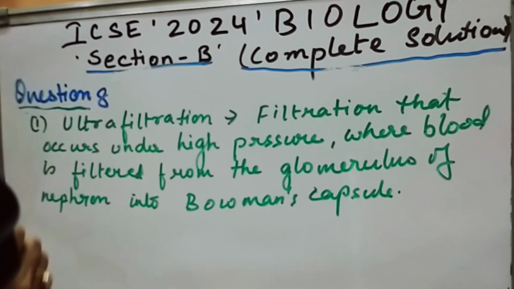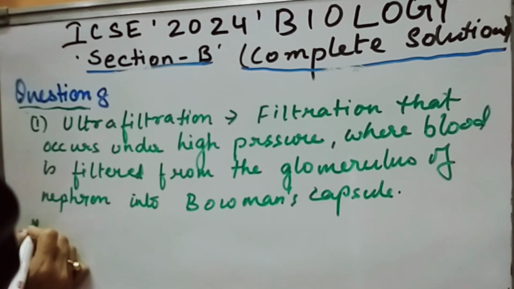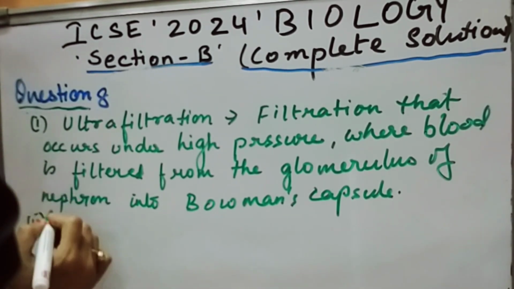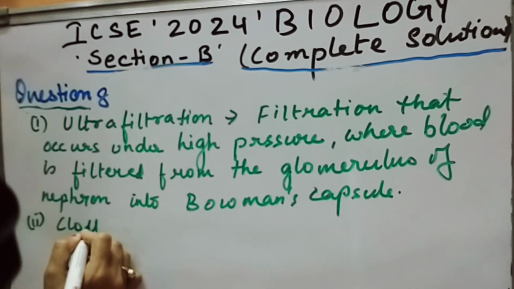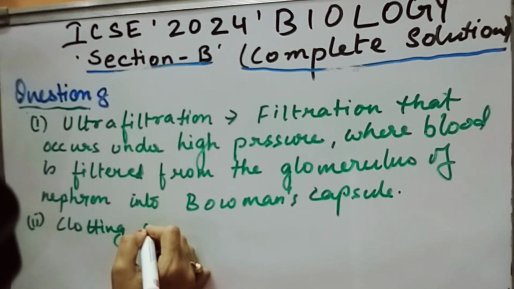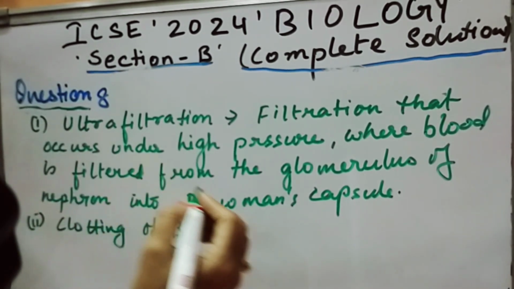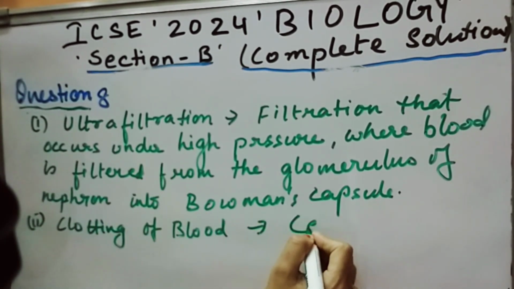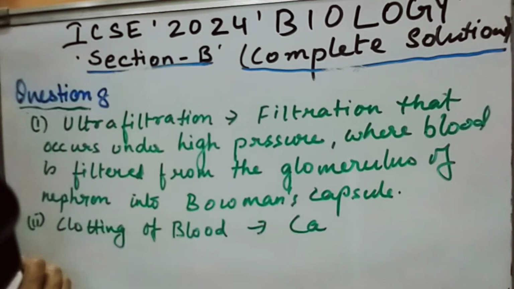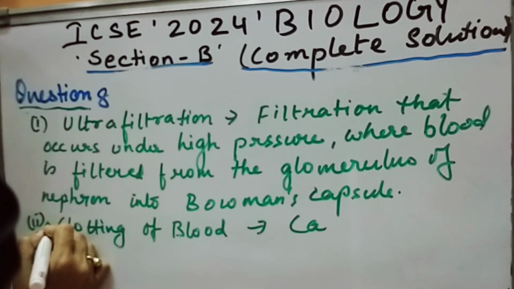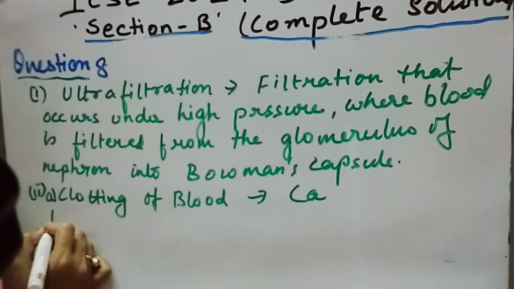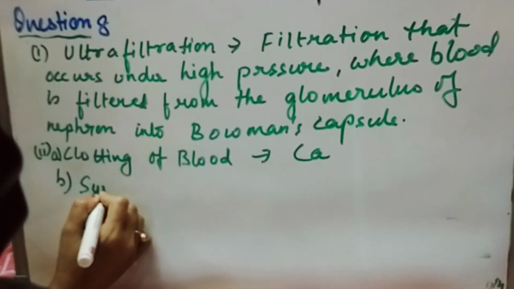Next question, name the mineral elements required for number 1, clotting of blood. So they have asked about mineral, remember, not vitamin. So clotting of blood is helped by calcium ion or calcium. The next one is synthesis of thyroxine.